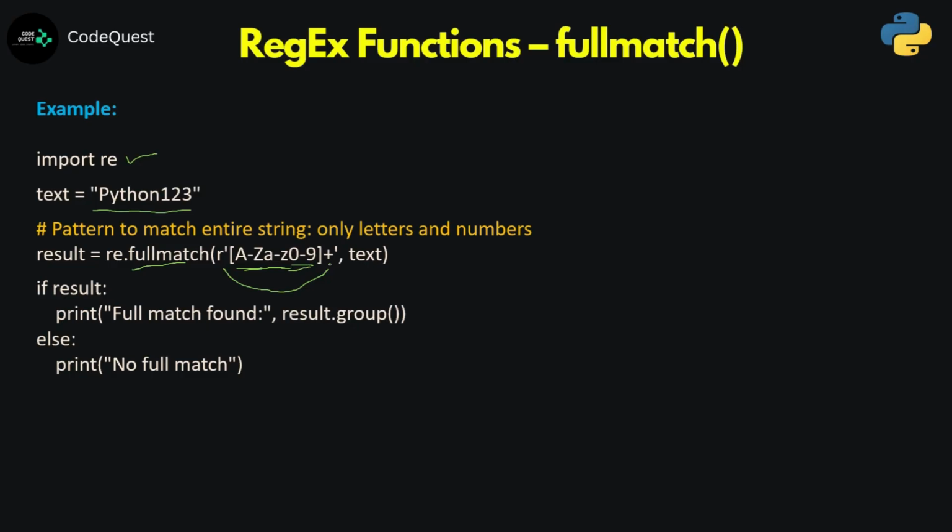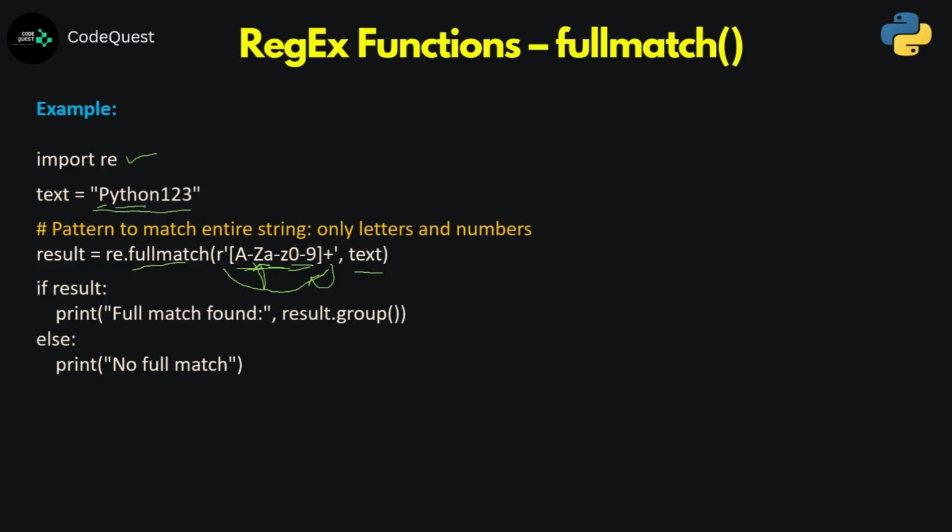So beside this plus, this entire set is available. Any of these must be there from the beginning till the end. And this is nothing but the text string which I'm going to search. Now you can see this Python. This P is matching with this capital A to capital Z because it is a capital P here.